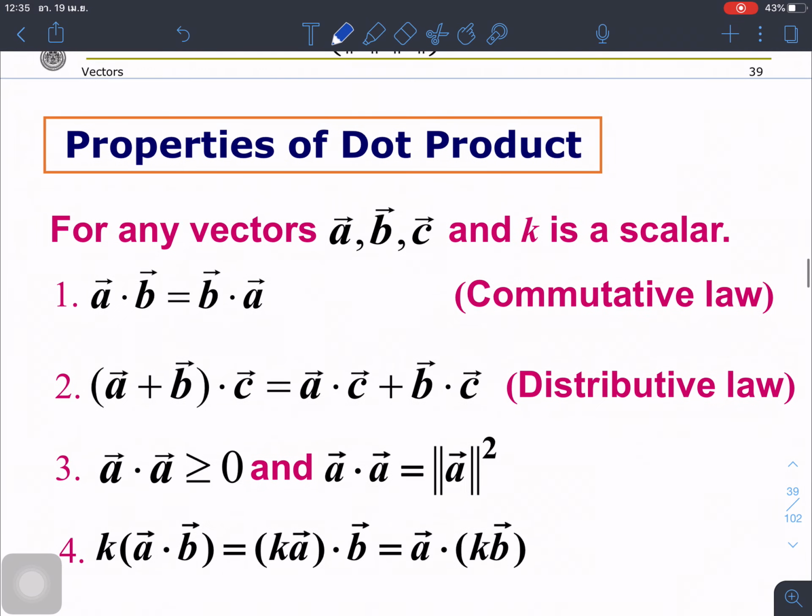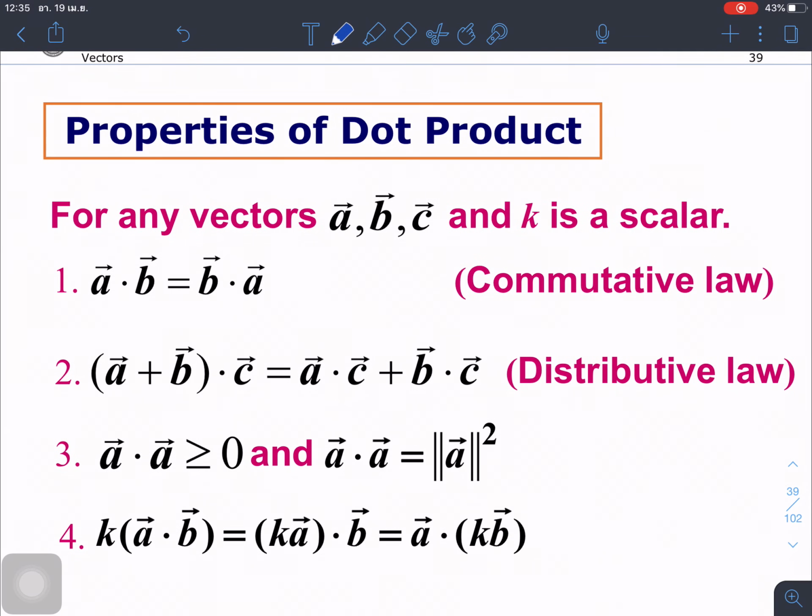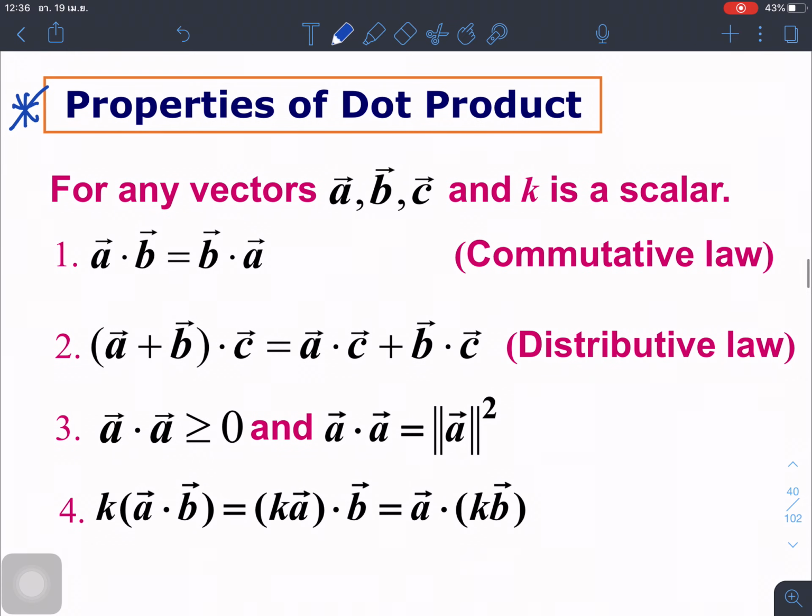This slide is about the algebraic properties of the dot product. A dot B is equal to B dot A. Just like addition, you can commute the dot product.